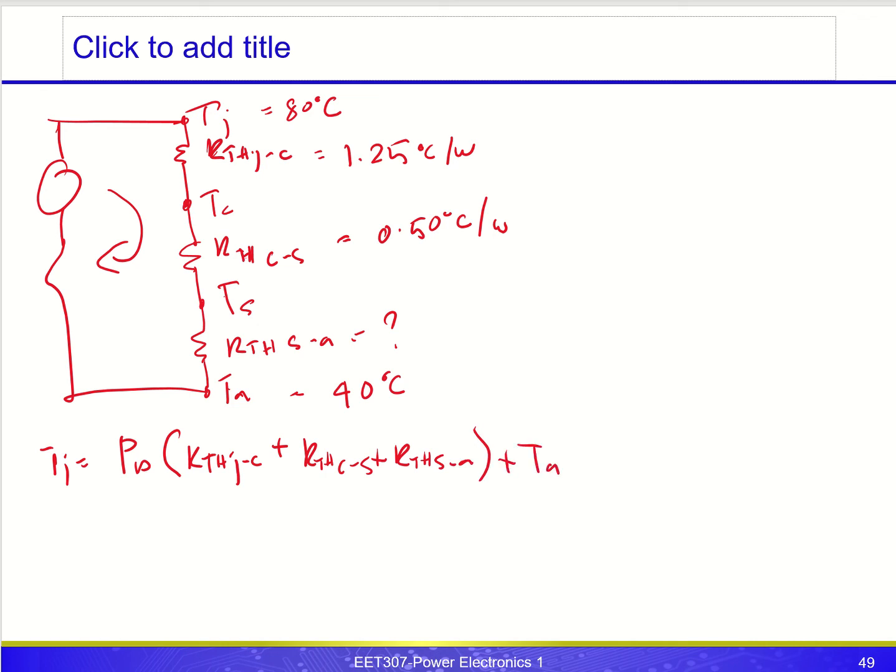So if you don't know how to get this final equation, you can refer to the video on part 1.